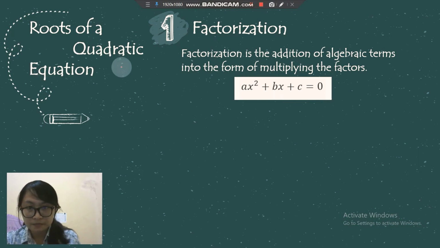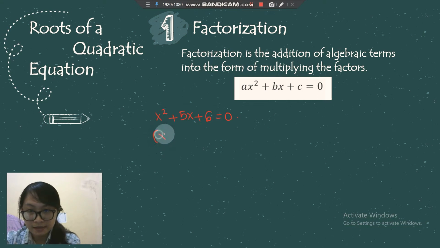Example: the form of quadratic equation x squared plus 5x plus 6 equals 0. Then the form of factorization is (x plus 3)(x plus 2) equals 0.